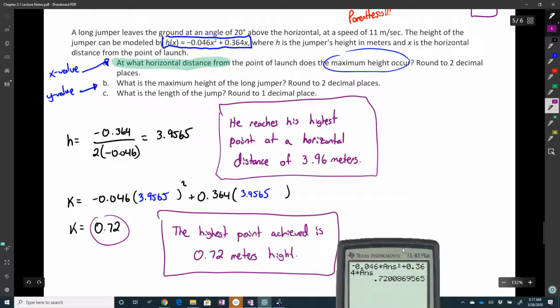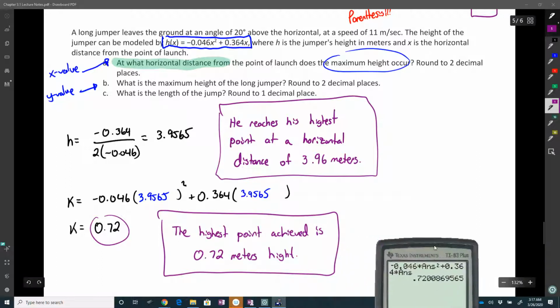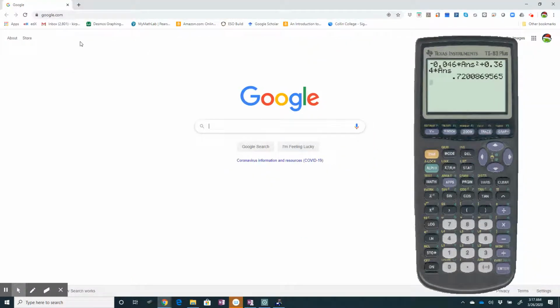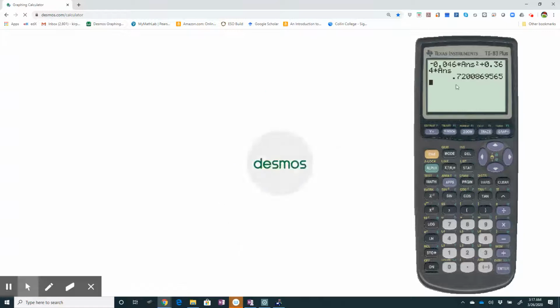Doesn't seem that high, but anyway. You know what? I'm paranoid now, so I'm just going to grab this in Desmos because why not? Now that I have a captive audience here.